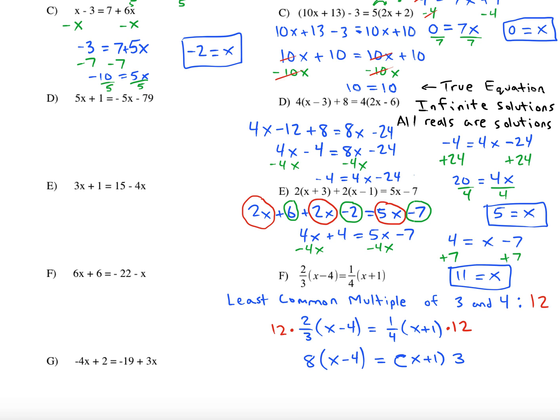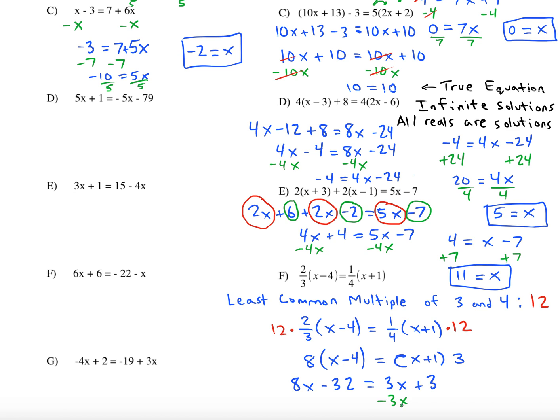So I was able to get rid of the denominators pretty easily because I multiplied by the least common multiple. It's a really useful trick. Now I'll just distribute. Then we can solve it.